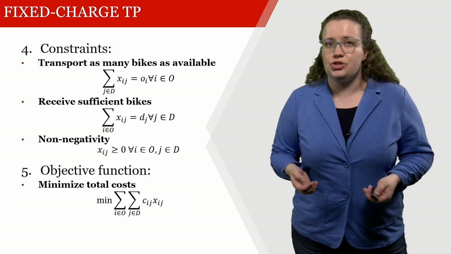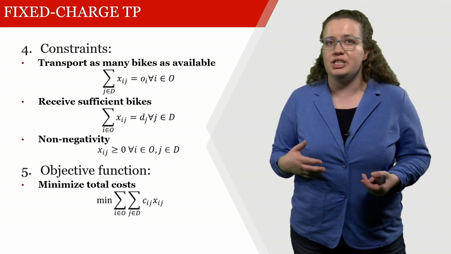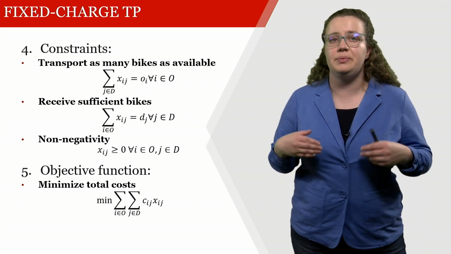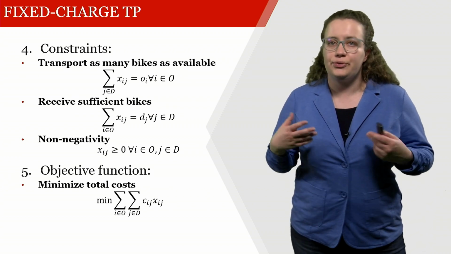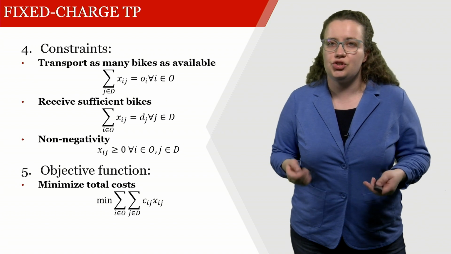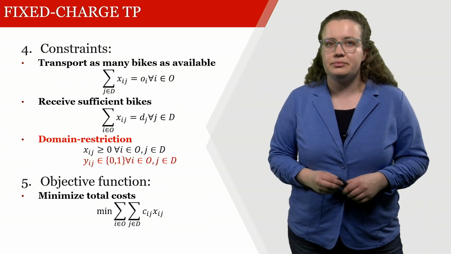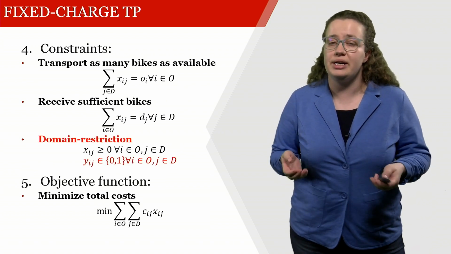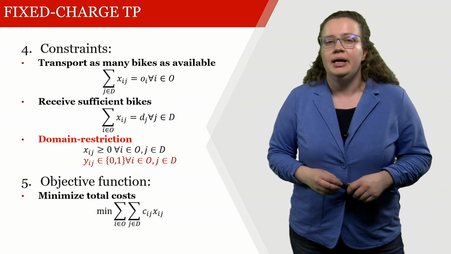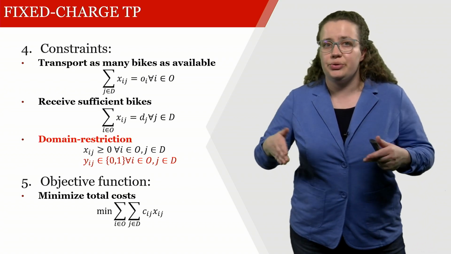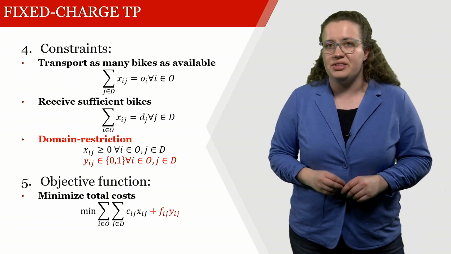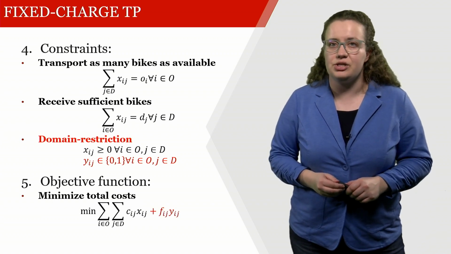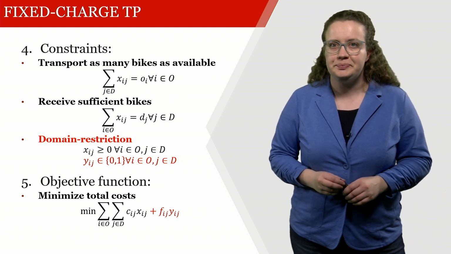If we're looking at the constraints, we still want to transport as many bikes as possible, we still want to receive sufficient bikes, and we still have non-negativity. Of course, we additionally have to restrict the variable y, so we have to say y is either 0 or 1. And y is also going to affect the objective function, so we have to add this term F_ij times y_ij, over all i and j.